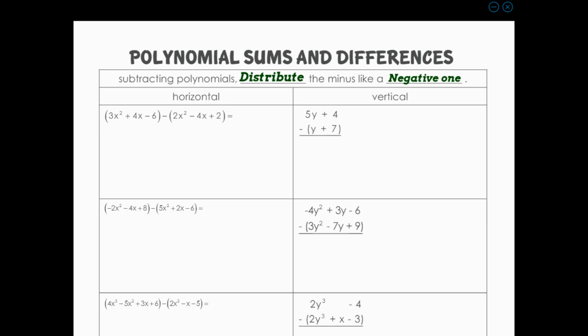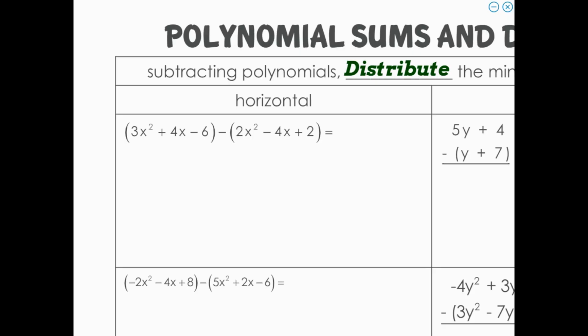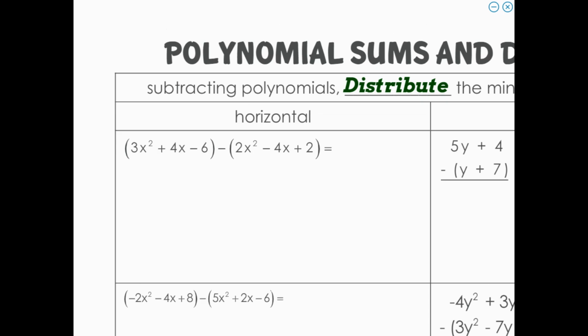So we've done this. We've done this lots in here. So right here in front of this parentheses, this minus sign is like a negative 1 that I'm going to distribute.